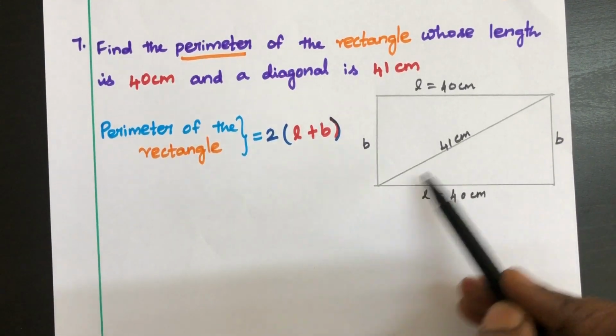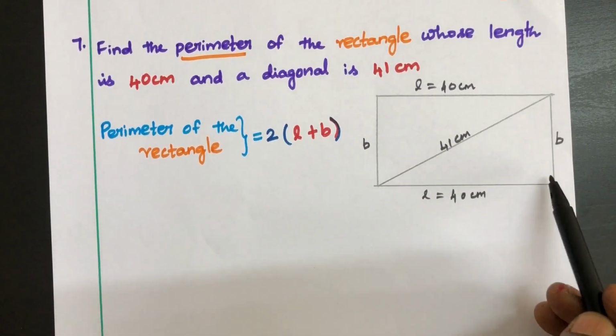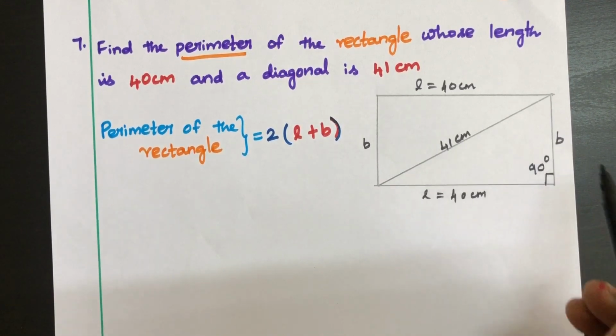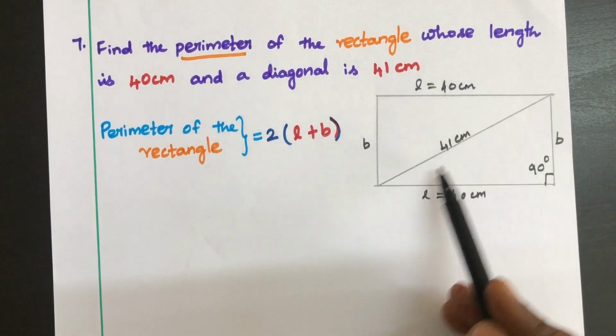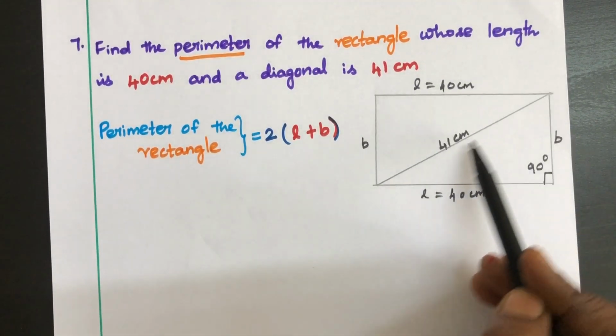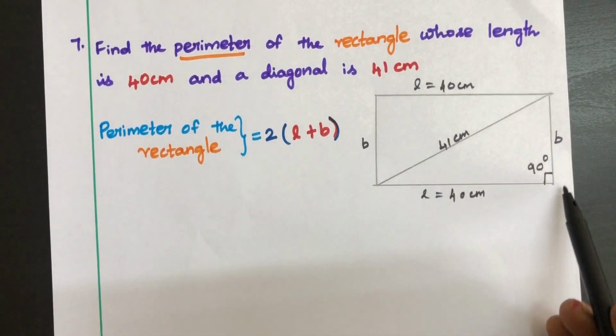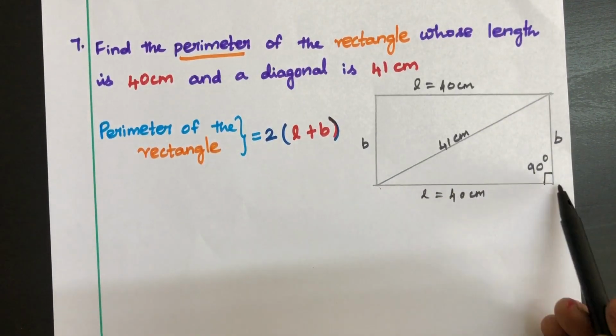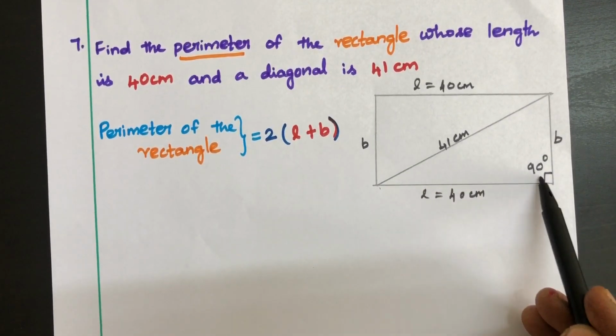See here. Consider this. This is a right angled triangle, with the angle formed here. Correct? Just consider this triangle alone. So this must be the hypotenuse side, just opposite to this 90 degree.